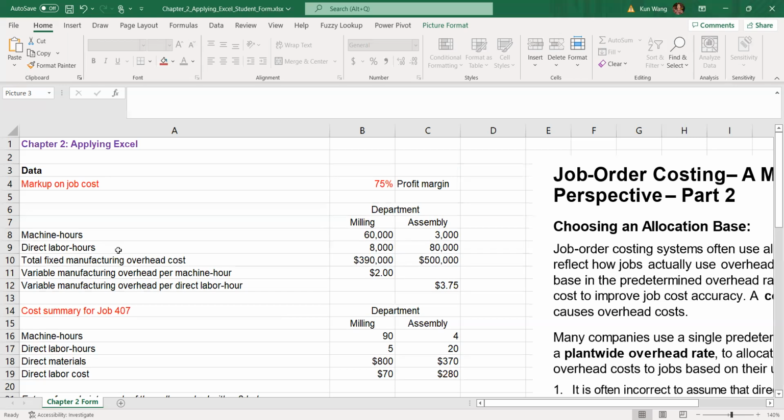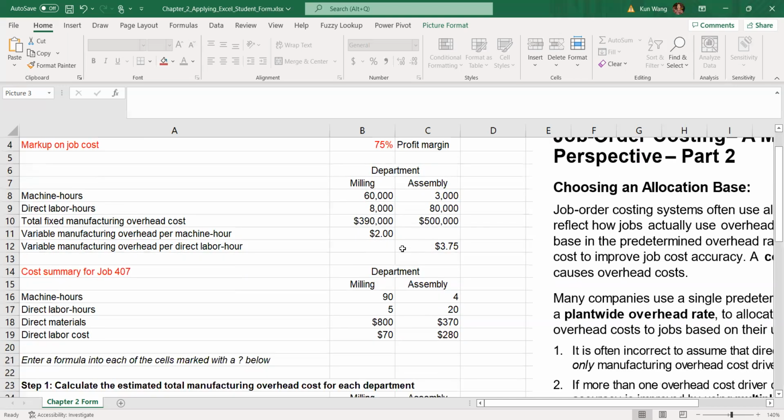Because we know for the POHR, we need the budget information for the total fixed overhead, the estimated variable overhead rate, and also the allocation base. So we have two departments, and each department has its own overhead budgets.